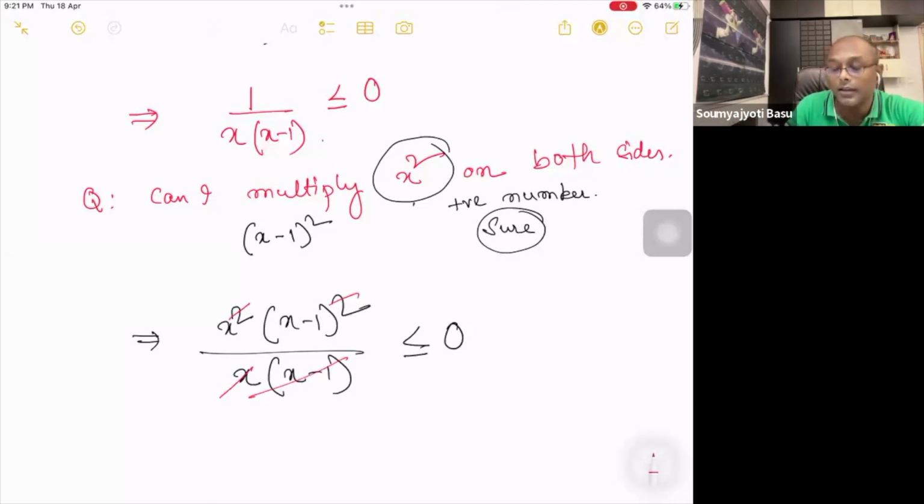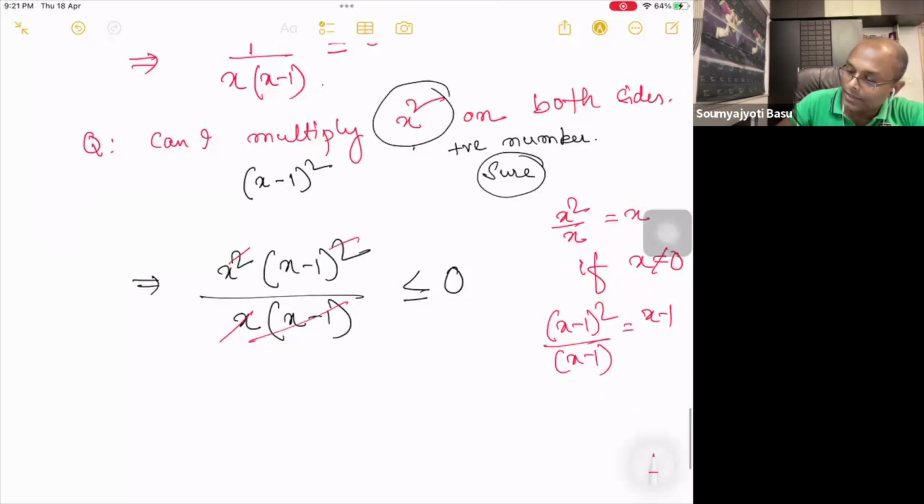Yes, you can. If so, I can say that x square by x is equal to x if x is not equal to 0. Also, (x minus 1) whole square by (x minus 1) is equal to x minus 1 if x is not equal to 1, okay?